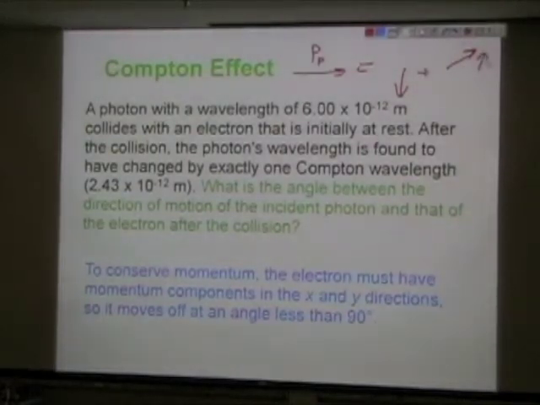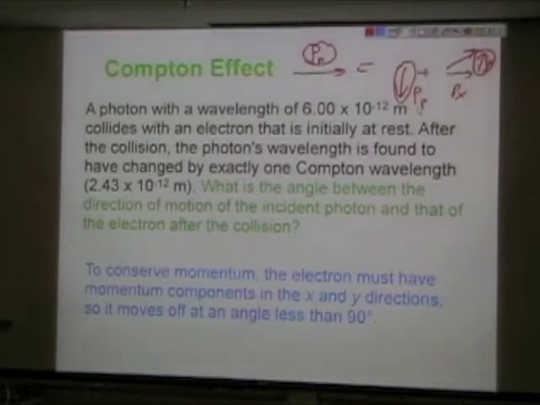The x component of the momentum of the electron should have the same magnitude as the momentum of the photon before the collision, and the y component of the momentum of the electron should have the same magnitude as the momentum of the photon after the collision.